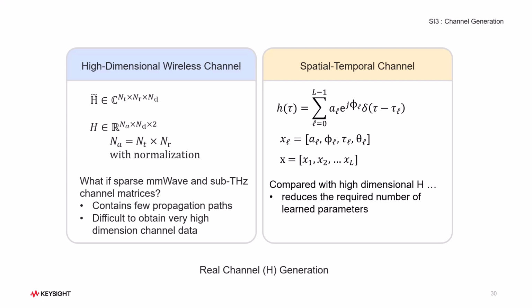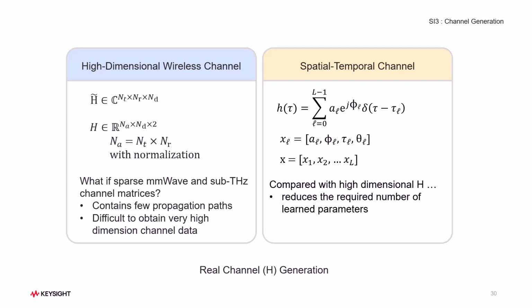Typically, they are associated with multiple antennas at both transmitter and receiver, leading to spatial diversity and can increase capacity and spectral efficiency. However, sometimes it is inefficient to use this high-dimensional channel when it is sparse, such as millimeter wave and subterranean channels. The huge size of a channel matrix may contain only a few meaningful pieces of information.